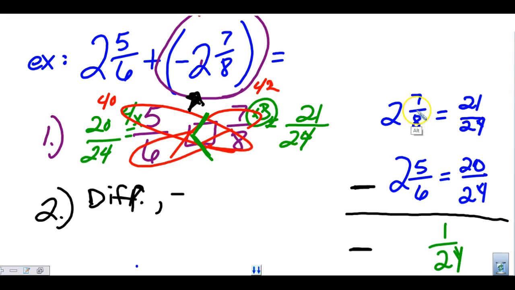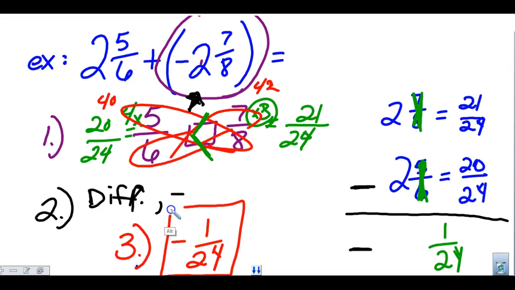Another thing I generally recommend is crossing these out, because we don't need those fractional parts anymore. We need the equivalent fraction so that we can add or subtract them properly. And then we deal with the whole numbers. So we have 2 minus 2, which ends up being 0. Our final answer, we don't write the 0, is negative 1/24th.